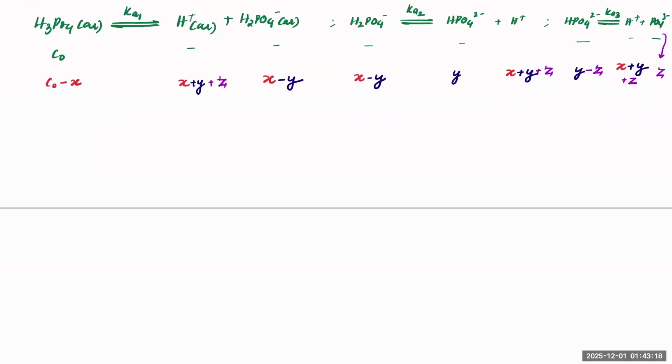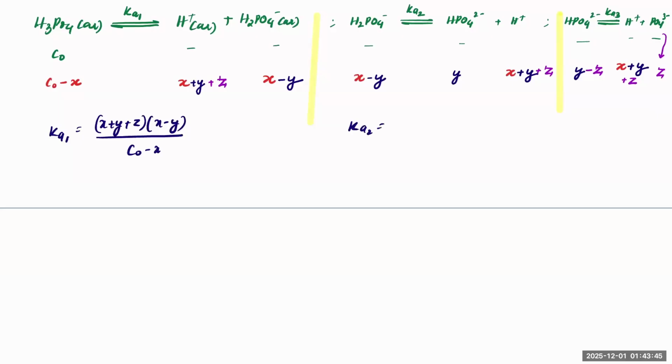Correct. So to be precise, this is the first equilibrium we are talking about. This is the second equilibrium. The last one is the last equilibrium. So from here, you can write Ka1 is equal to (X+Y+Z) concentration into (X-Y) divided by (C naught - X).